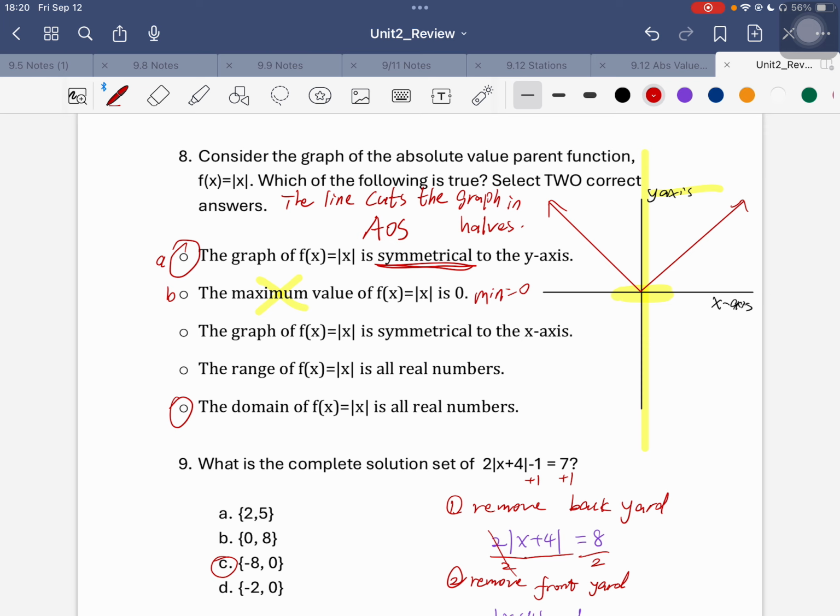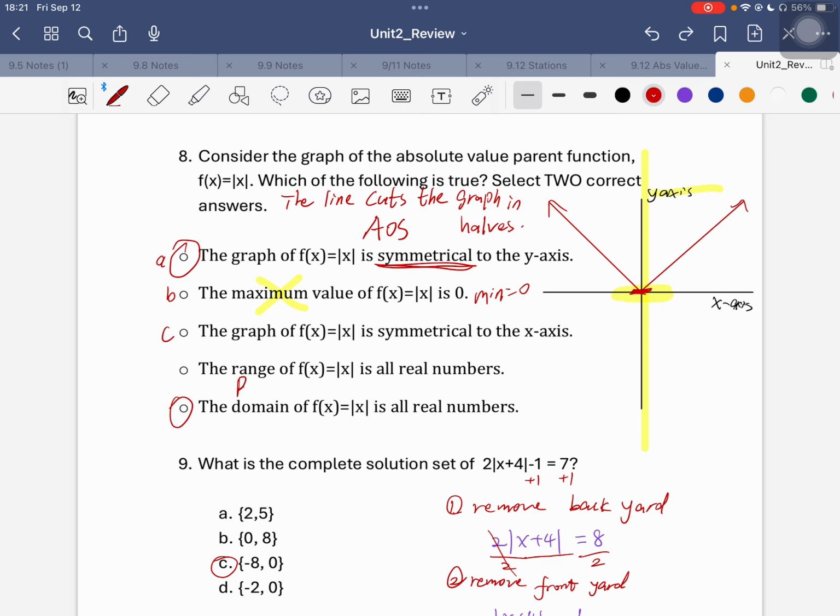Okay, now C is saying the graph is symmetrical to the x-axis. This is the x-axis. So it's not symmetrical because the x-axis doesn't cut the graph in halves. Now let's look at the range. The range of this parent function is all real numbers? No, the range is left to right. My bad.